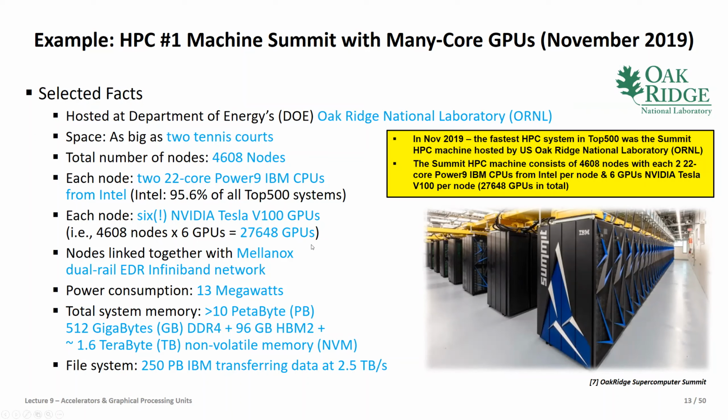If you think about it, one V100 card already costs a lot. And if you have 6 times 4,608 nodes, you can imagine that this is around 30,000 GPUs that have to be financed. And of course, this is perhaps one of the most expensive systems in the world. So not everybody can do this.